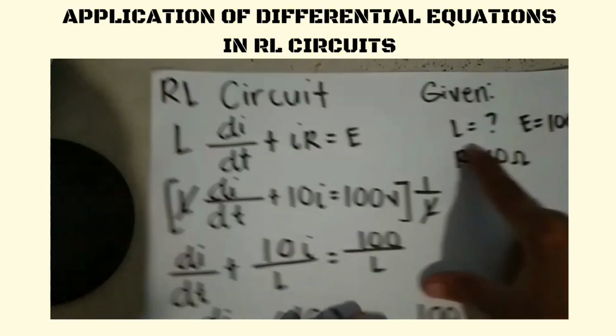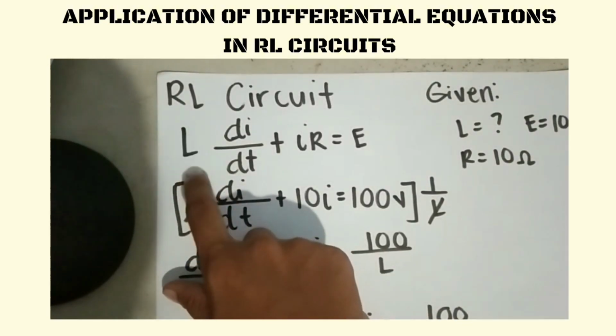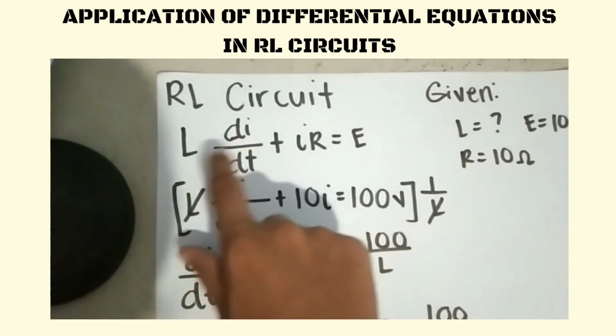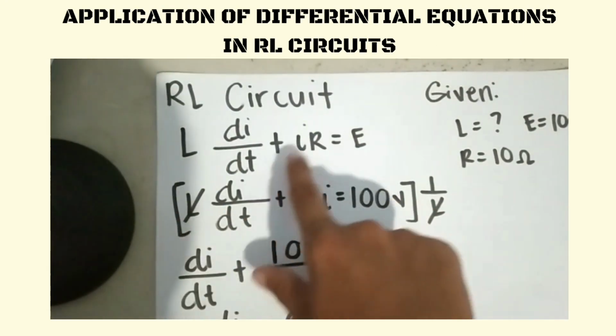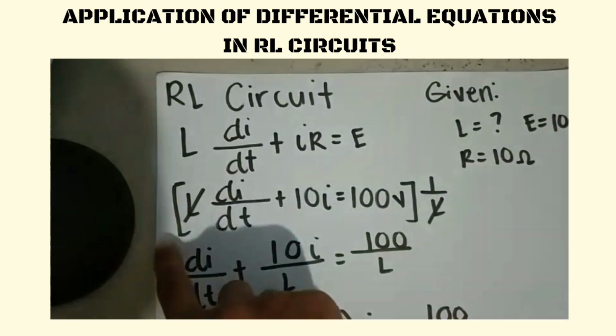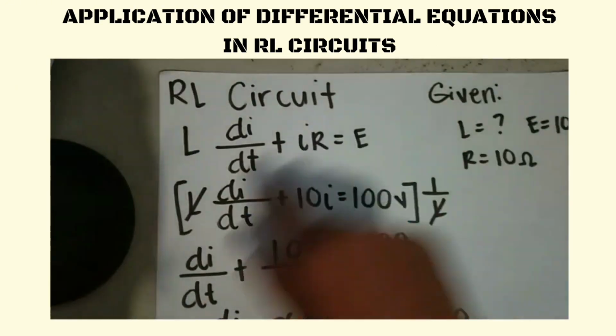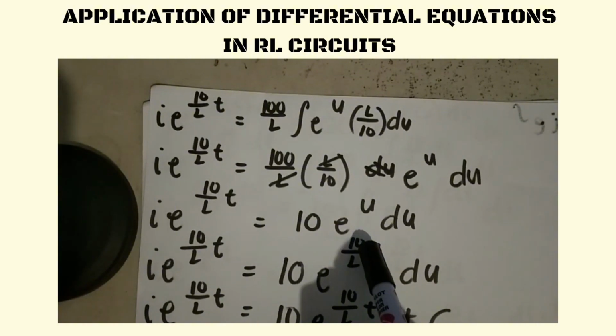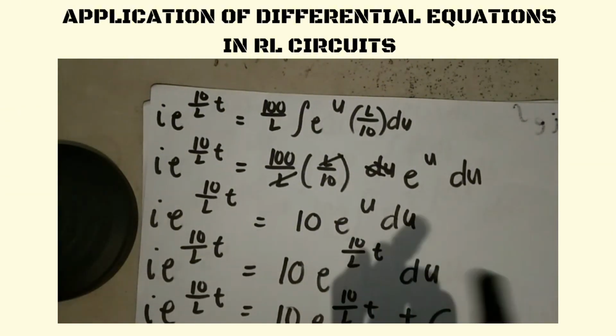We look for L. The equation is L di over dt plus IR is equal to E.